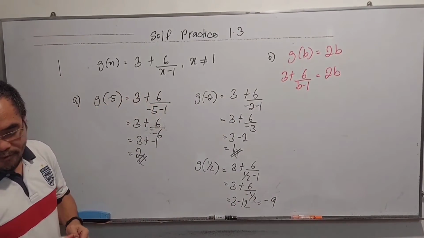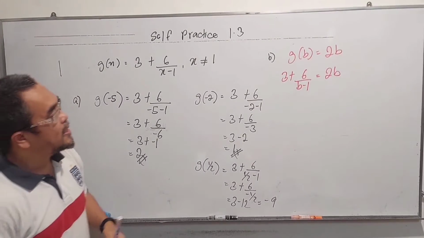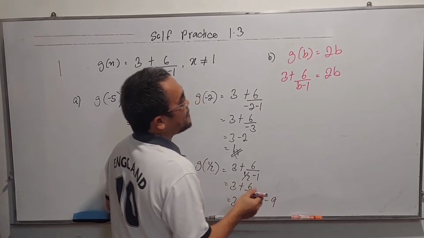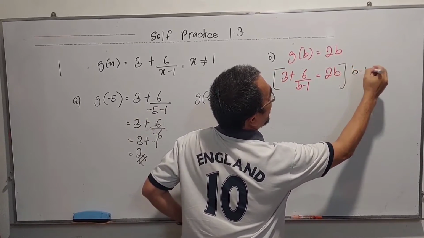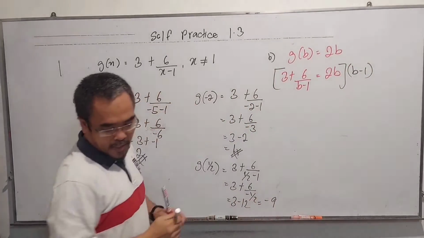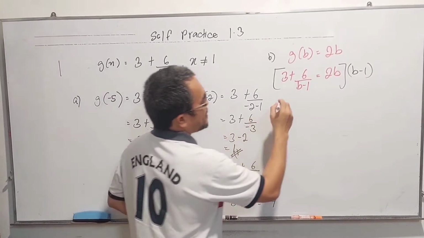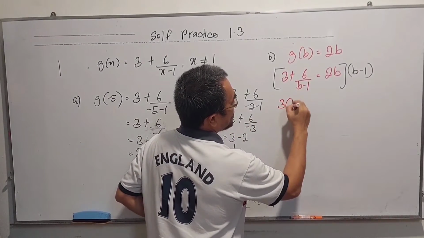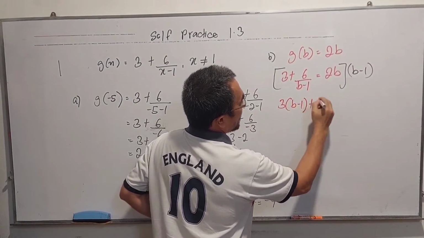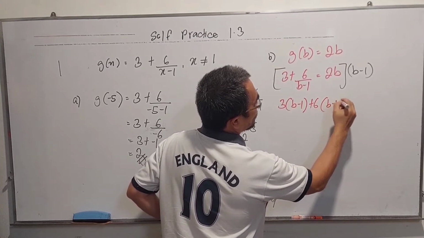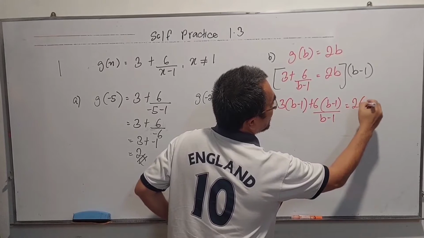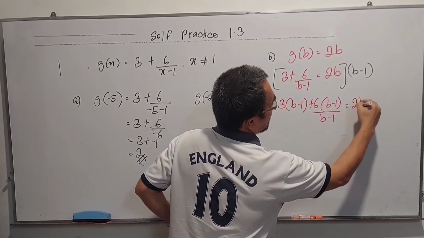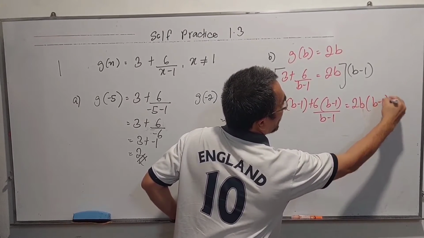Okay, so you have a fraction like this. You have to multiply every term by b minus 1. When you multiply by b minus 1, 3 times b minus 1 plus 6 times b minus 1 over b minus 1 equals 2b times b minus 1.